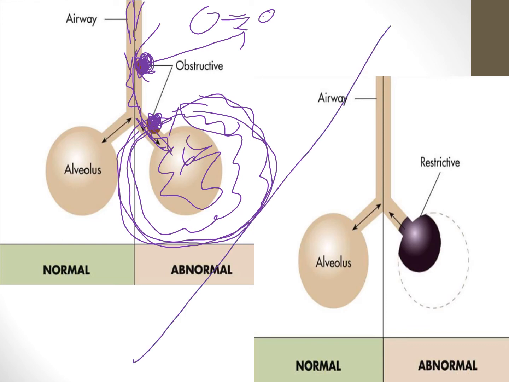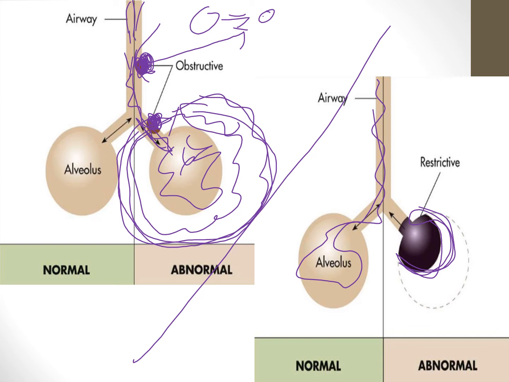Over here is restrictive. On the left, this would be a normal open airway with normal size alveoli. Over here we have an issue where the alveoli is much smaller, or the respiratory zone is being impeded on. The alveoli or the respiratory zone has an inability to stretch.